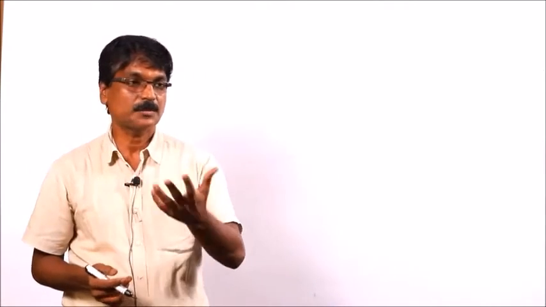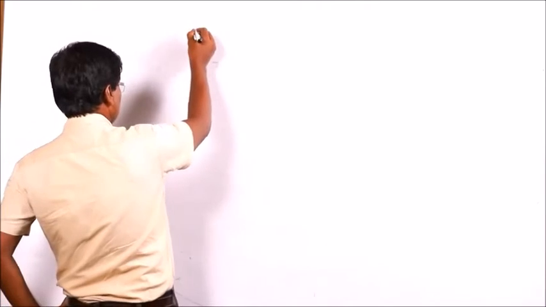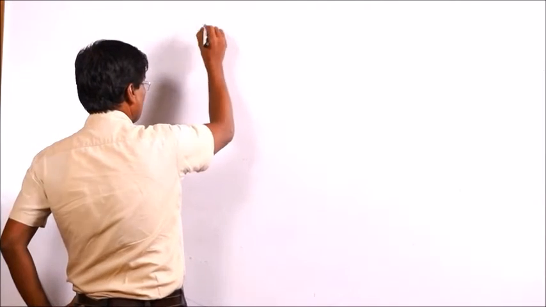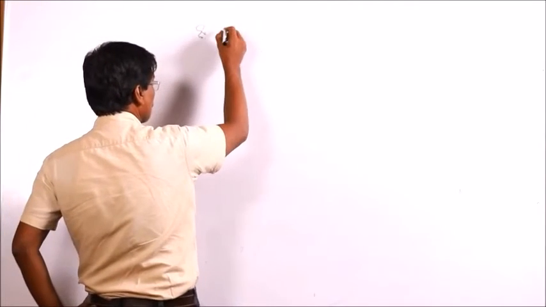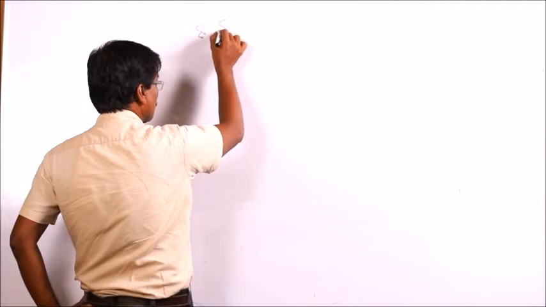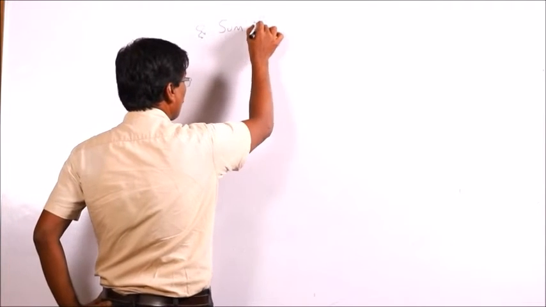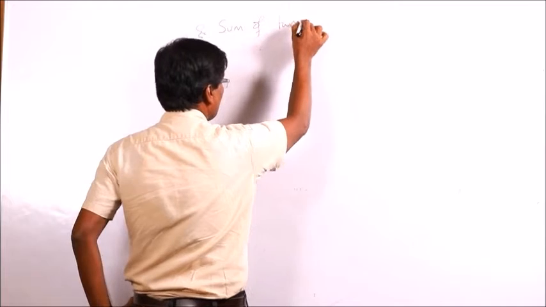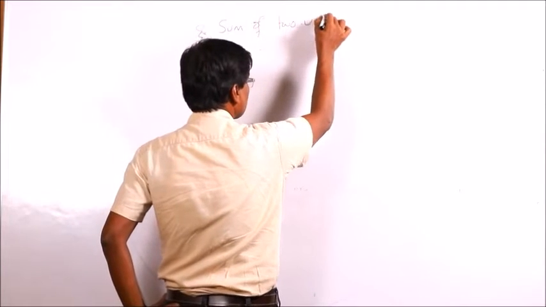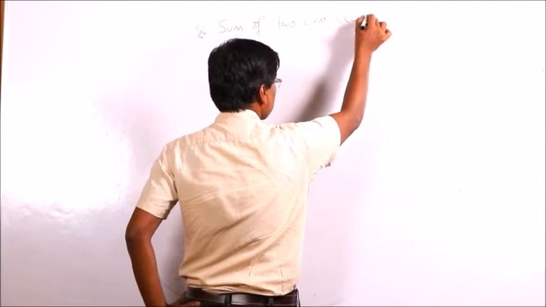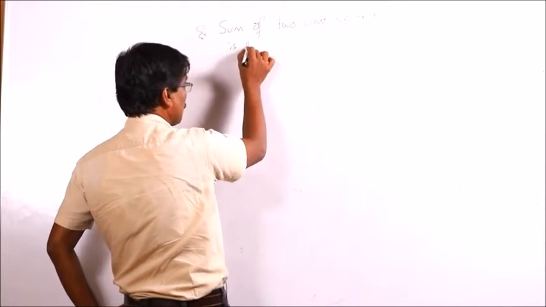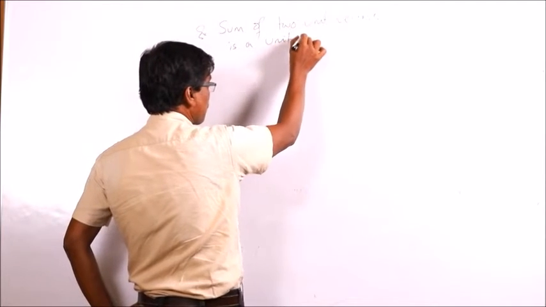Next we have some more examples on dot product. Suppose the sum of two unit vectors is a unit vector.